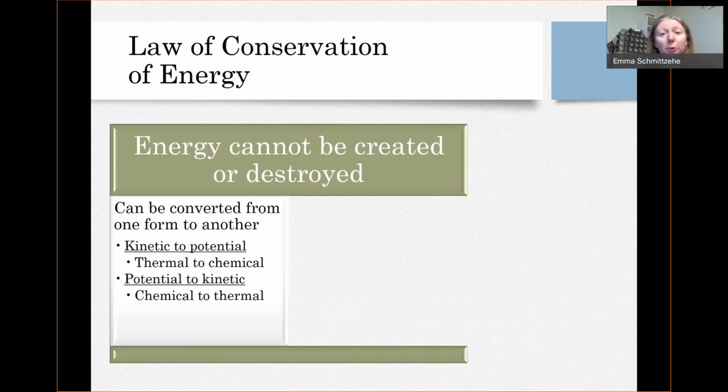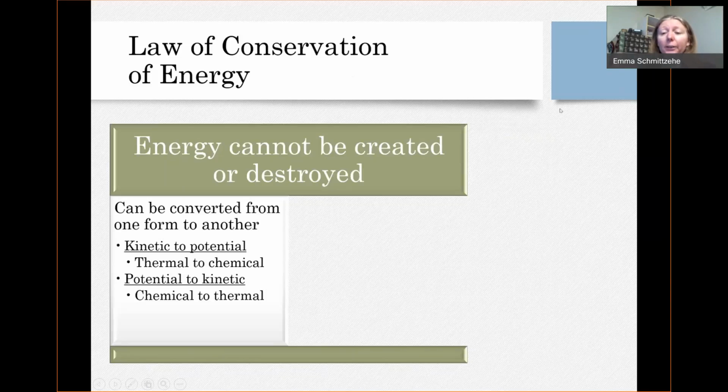Whereas the potential energy is what we would call chemical energy. That has to do with the arrangement of the atoms within a molecule, or how it's bonded, how all of those atoms are interacting. Usually in chemistry, we're looking at interconversions between thermal and chemical energy.